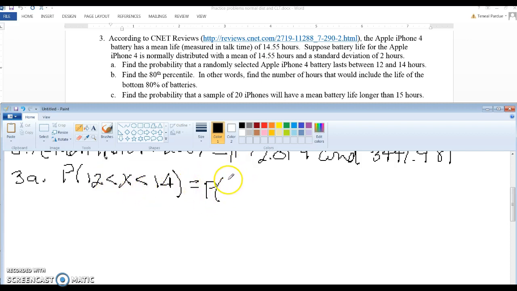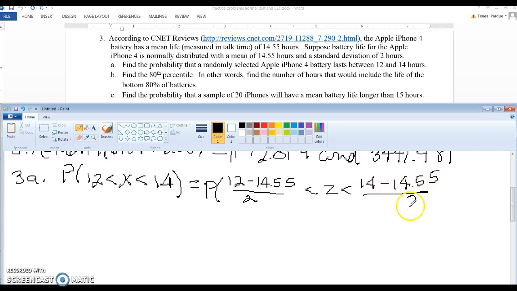So now we convert to z by subtracting the mean, and the mean here is 14.55, and we divide by the standard deviation of 2. That makes a z in the middle, and then we do the same thing up on the upper side: 14 minus 14.55 divided by 2.